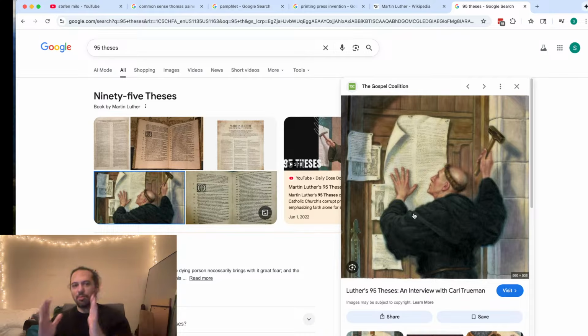And the form of the pamphlet is, by its very form, anti-papist. It's against the church because it's one page and it's a man's writing, just a guy writing about his own ideas about religion, as opposed to a book written by God, the Bible, right? The Bible is the word of God. And so the very form of the pamphlet was seen as subversive, just the same way that a tweet was seen as subversive when Twitter first came out.